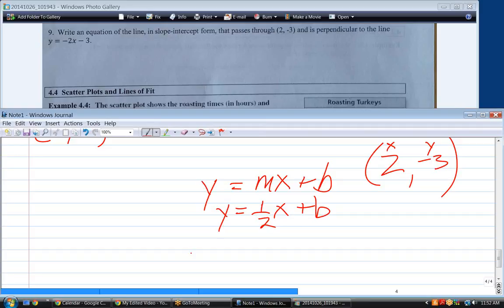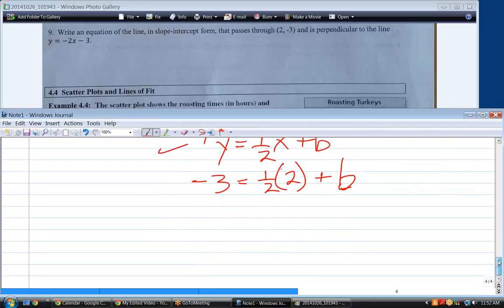So -3 is equal to 1/2 times 2, plus b. I haven't solved for b yet. I don't know what it is. That's the whole point of substituting this single point that has an x and y value into this equation, so that I can solve for b. Now do the rest of the algebra.